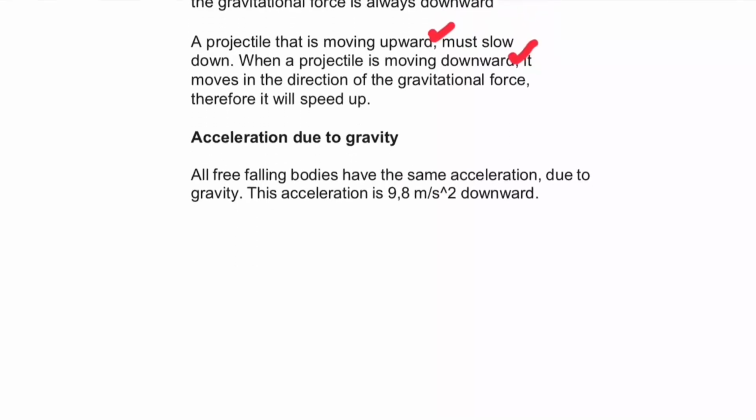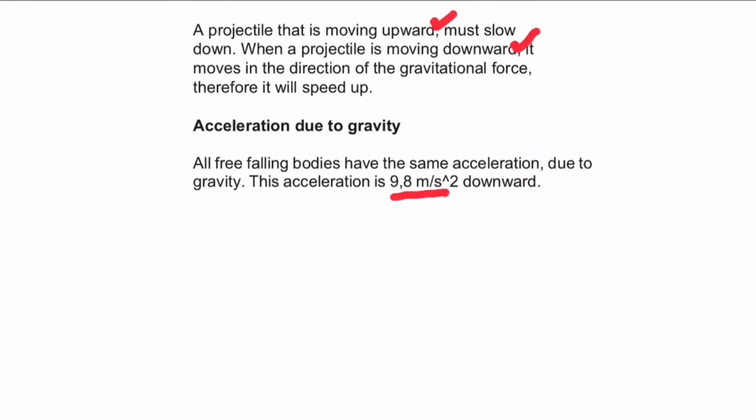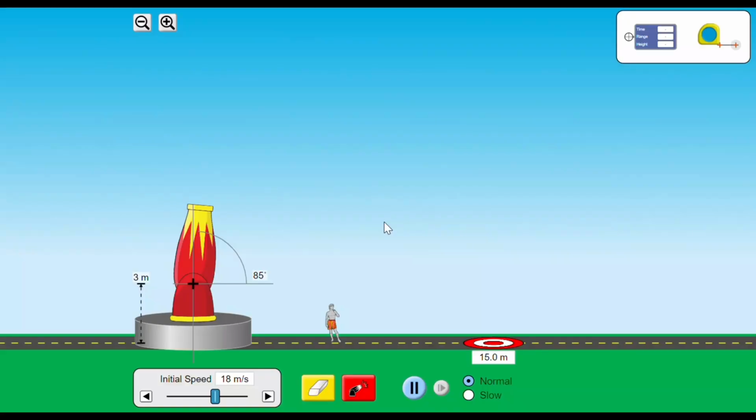The acceleration due to gravity is a constant. All free falling objects have the same acceleration due to gravity. The acceleration is 9.8 meters per second squared downwards. Let's go back to the simulation and see how that will look. There's two things I want to point out. First, let's focus on the acceleration.